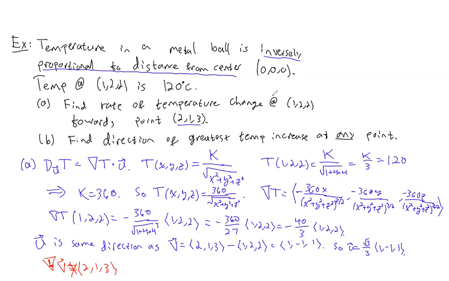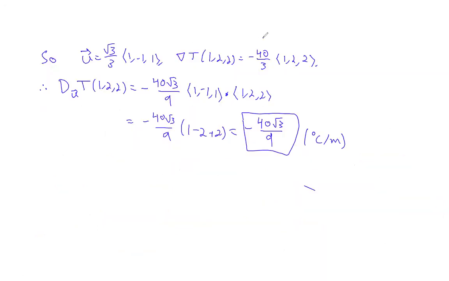So part B here is about finding the direction of greatest temperature increase at any point. Recall that we found that the gradient of the temperature is negative 360 over root x squared plus y squared plus z squared times x, y, z.